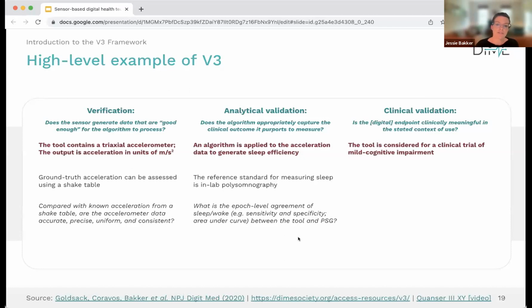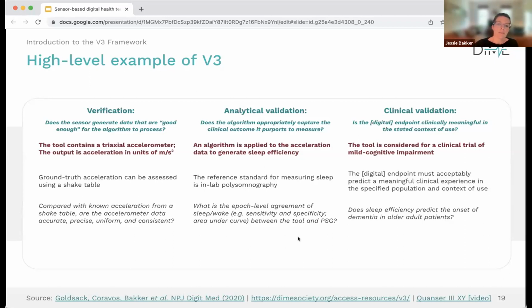And then finally, clinical validation. In our hypothetical example, say we have a researcher who is considering using this tool in a clinical trial of patients with mild cognitive impairment. They will need to compile the evidence that the endpoint, so for example, change in sleep efficiency, predicts a meaningful clinical experience.